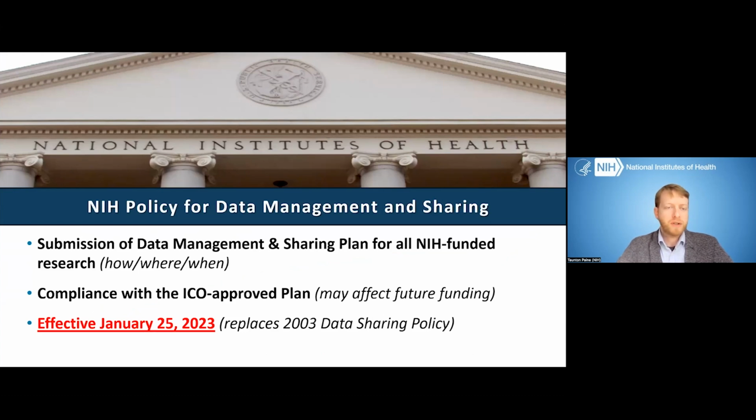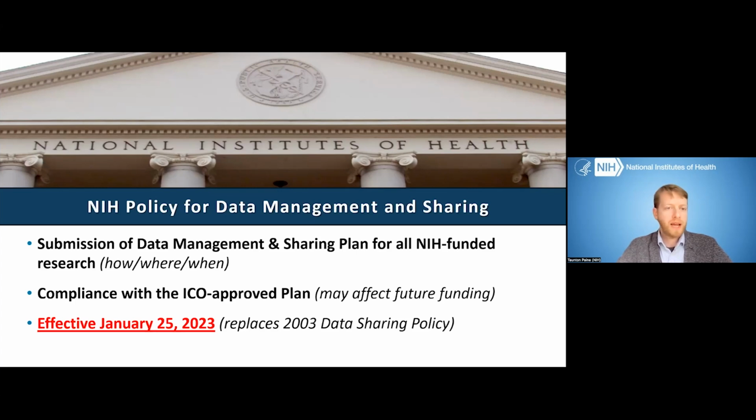So now I'll change gears and talk a bit about the policy itself. The policy is fairly straightforward in that it only has two basic requirements. First, it requires the submission of a data management and sharing plan for all NIH-funded research. That's grants, contracts, cooperative agreements, other transaction mechanisms that would generally describe how, where, and when data will be shared.